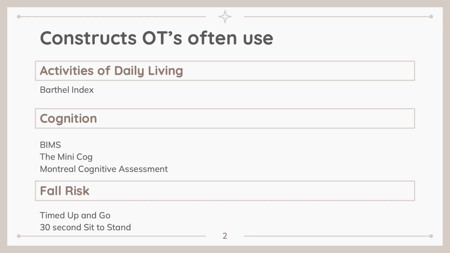Cognition is also something that could be assessed patient by patient, or even some settings have you do them to every patient regardless. This could be done through the BIMS, the Mini-Cog, or the MoCA. Fall risk is something that I see often used, and we use assessments such as the TUG, or the Timed Up and Go, and the 30-second sit to stand.